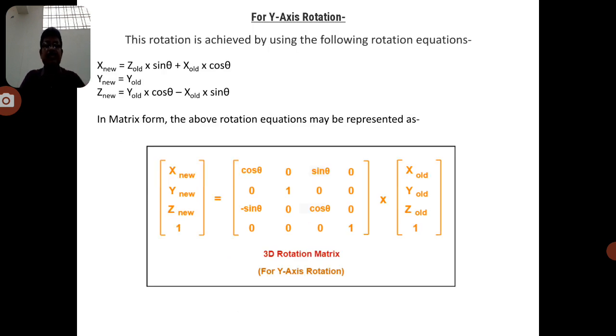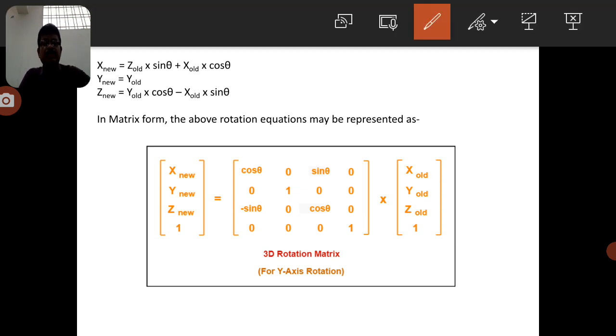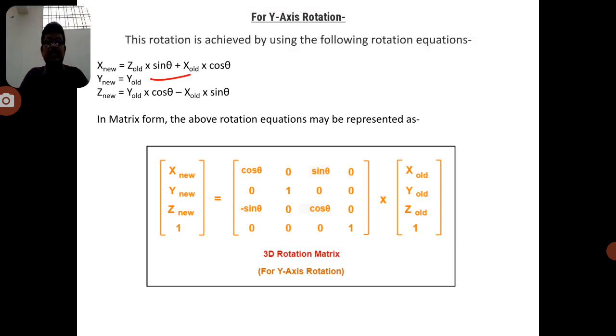Similarly we can find the y-axis rotation. Here there is no impact on the y value; the impact goes to the x and z axes.